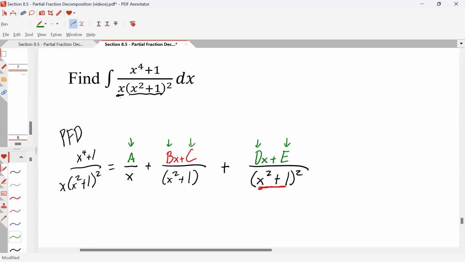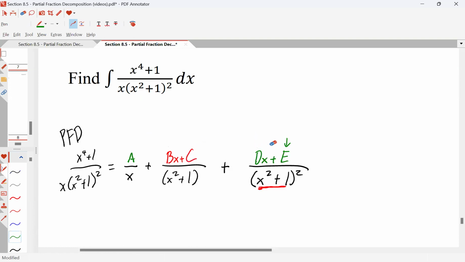In this case, if we multiplied this all out, our largest power would be x to the 5th. So it would be a 5th degree polynomial. We have 5 unknown coefficients. You can go back and look at the previous examples and see that logic lines up on all the others as well. So we have 5 unknown coefficients to solve for.